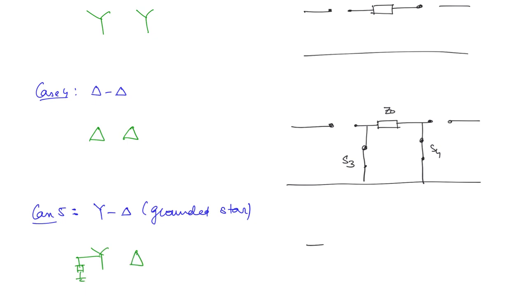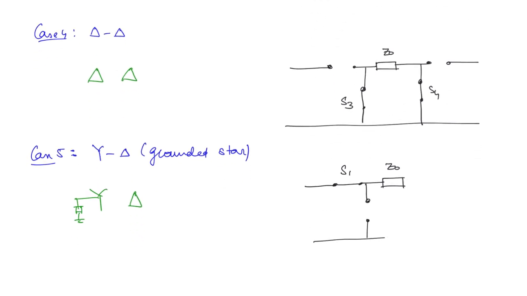S1 is going to be closed because it is the primary side, star is grounded. Z0, here the switch is going to be open. And here this switch is open, this switch is going to be closed. So this is the zero sequence network.